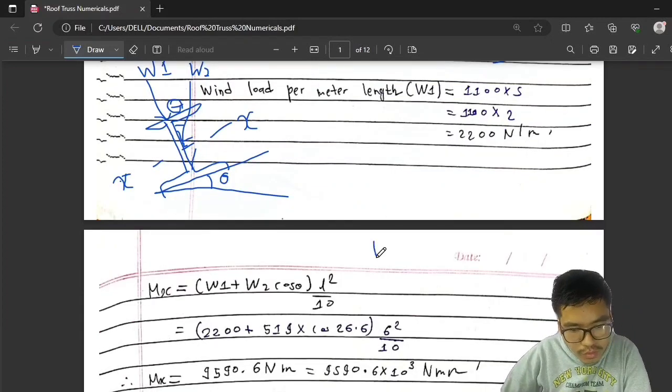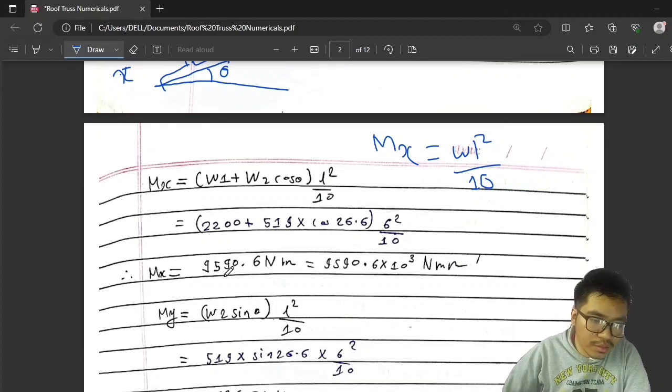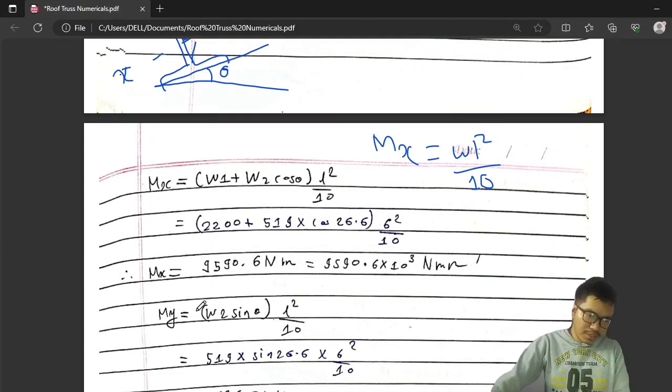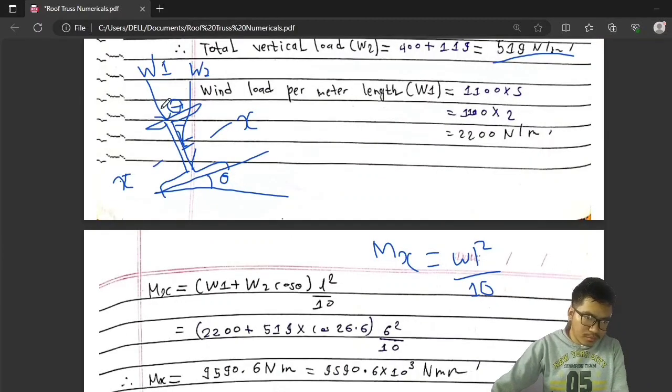The bending moment formula is W L square divided by 10 in the case of continuous purlin. So W is W1, and W2 is the component of weight in this direction, which is W2 cos theta. So we get Mx as 9590.6 Newton meter, and My, this is the y direction.